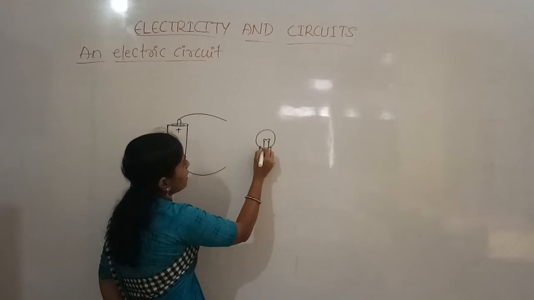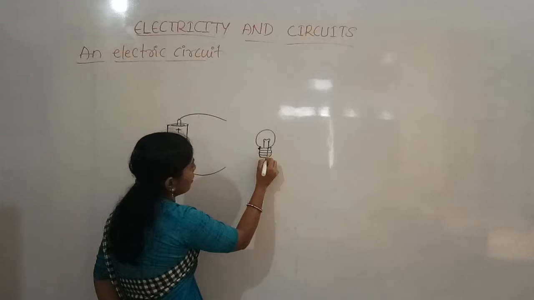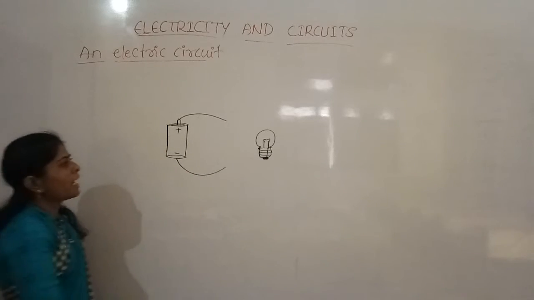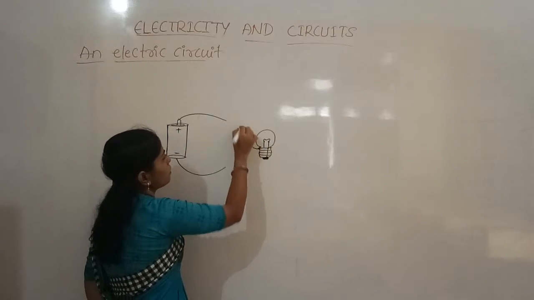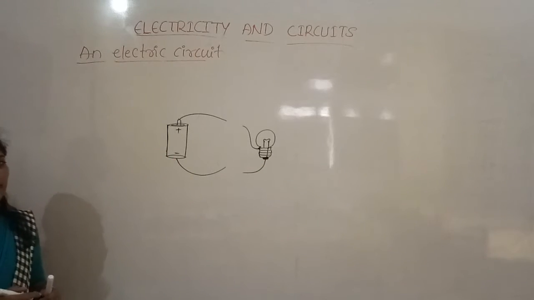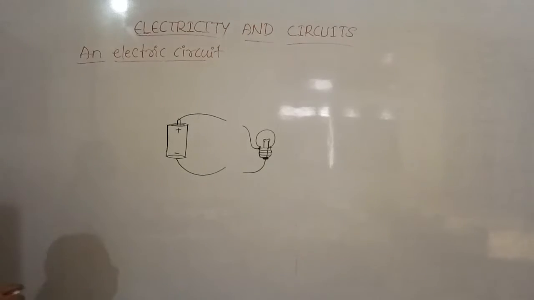One end is connected with the metallic tip, and one end is connected with the base, at the center of the base here. So this is for the bulb, and again fix two more wires to this bulb. It is an electric bulb and it is an electric cell.